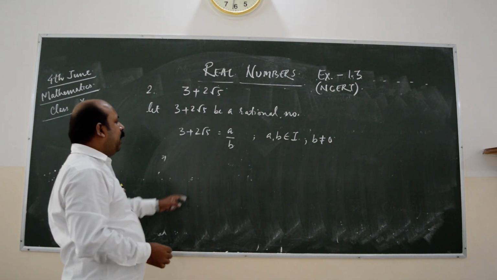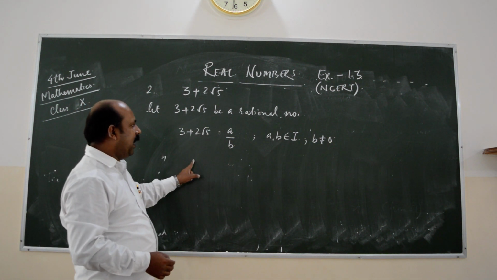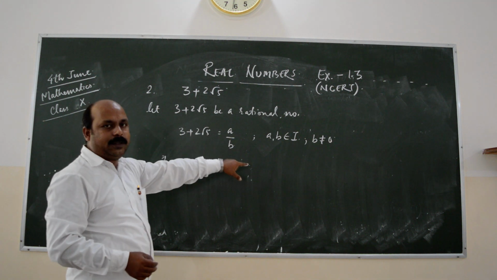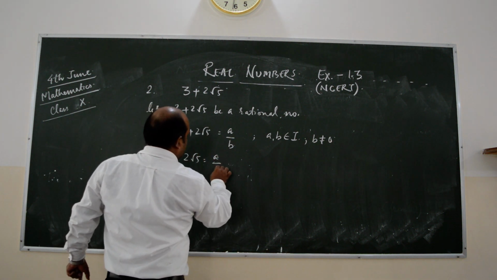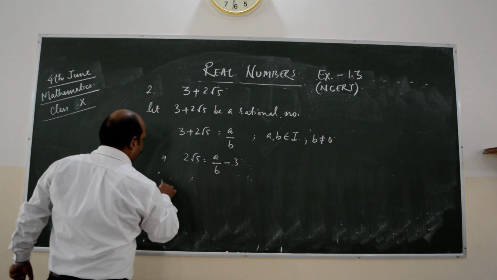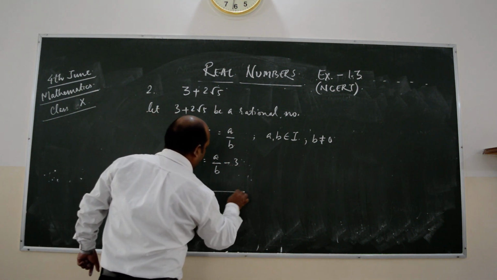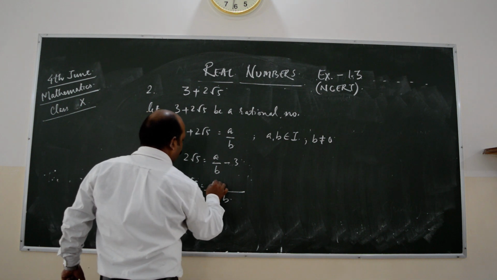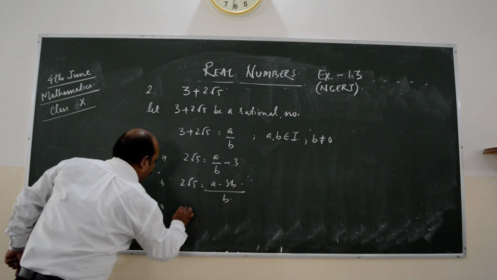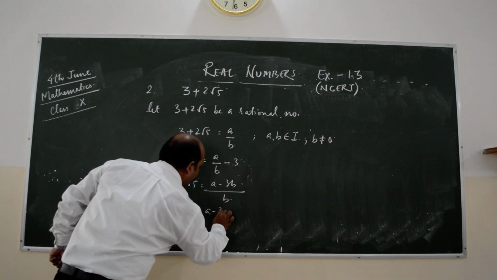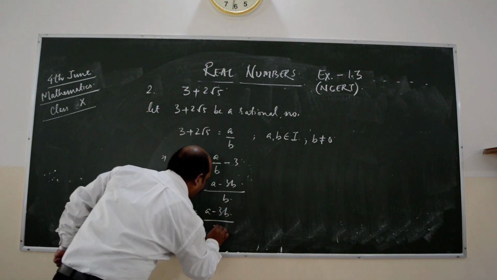Now, we will keep the irrational number on one side and take all the other numbers to the other side. So we can say 2 root 5 is a by b minus 3. Taking b as LCM, 2 root 5 is equal to a minus 3b by b, and root 5 is equal to a minus 3b by 2b.